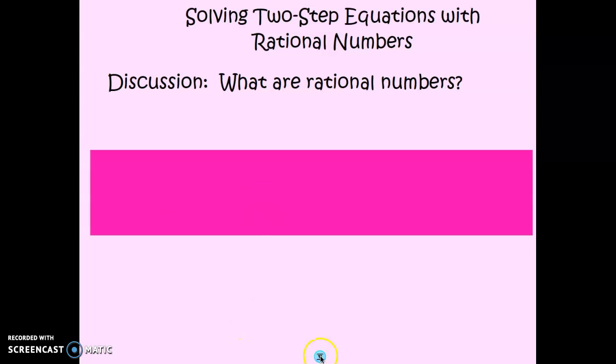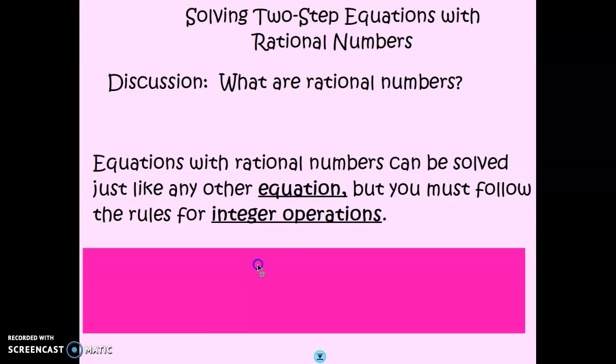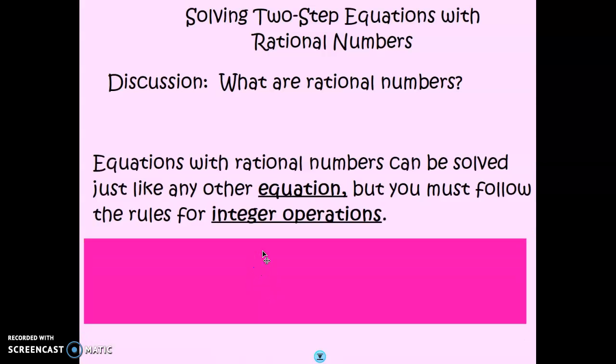Okay, so let's first look at these fill in the blanks. Equations with rational numbers can be solved just like any other equation, just like we did with one-step equations. Okay, but you must first follow the rules for integer operations.